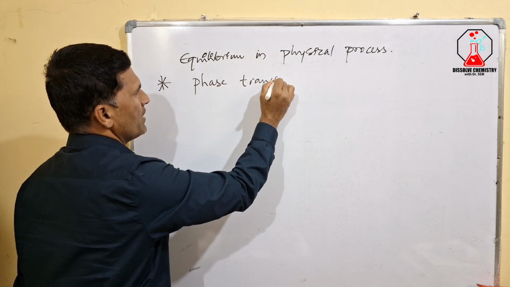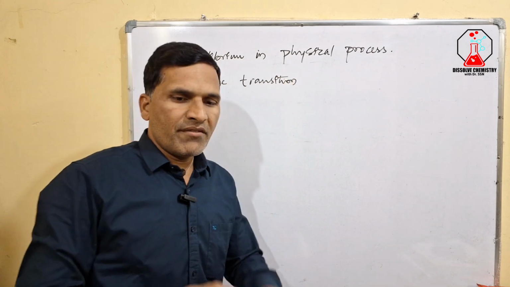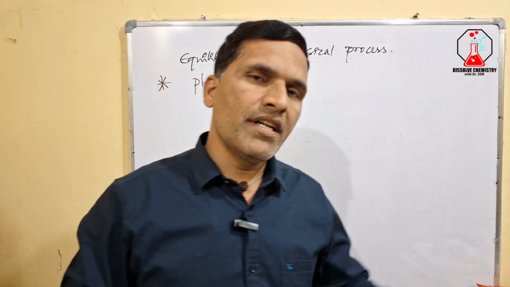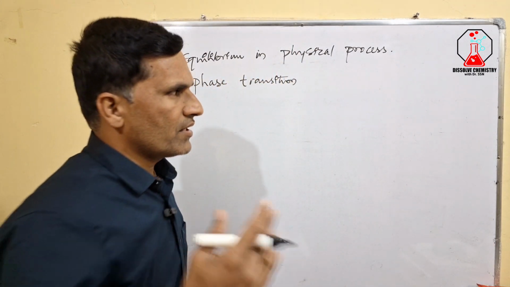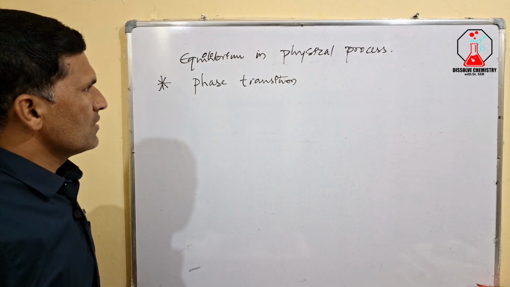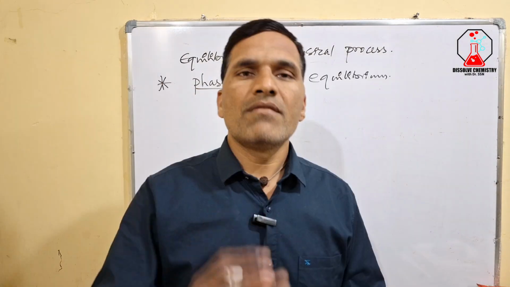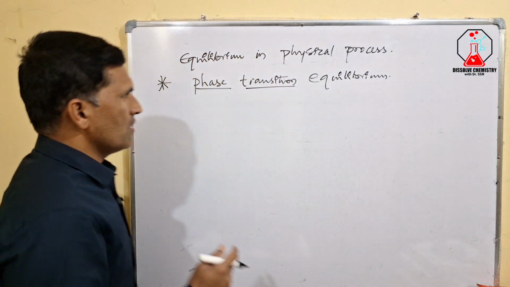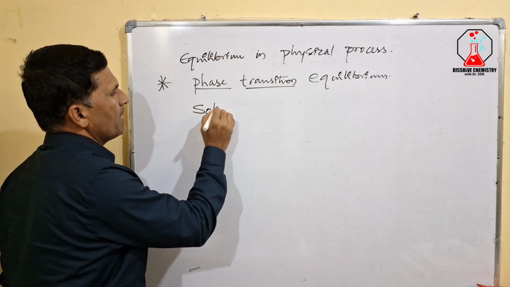Phase transition means interconversion between two phases, like solid to liquid, liquid to gas, solid to gas. Whatever equilibrium is established between the two phases, we call it equilibrium between phase transitions. First we will talk about the phase transition equilibrium between solid and liquid.